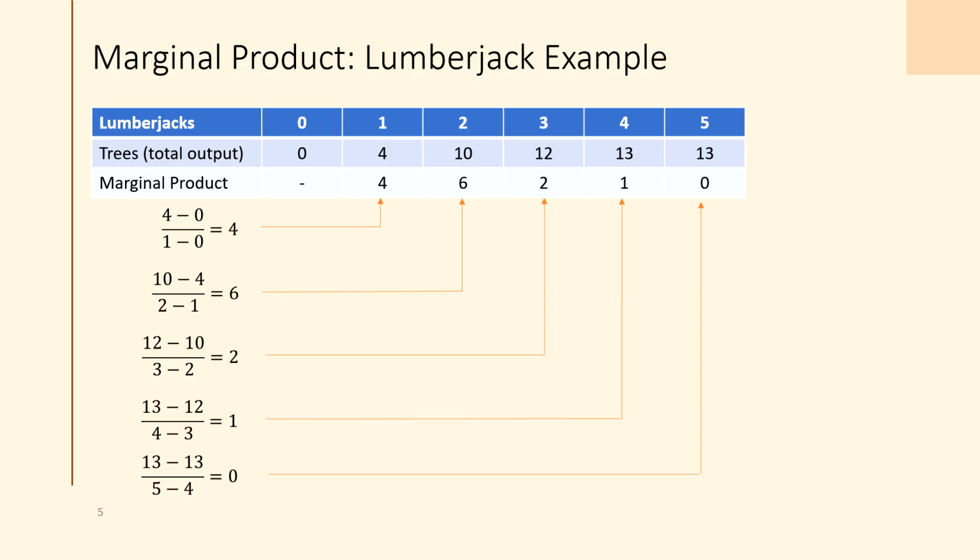From 2 to 3 workers, output increases from 10 to 12, so the marginal product is 2. From 3 to 4 workers, output increases from 12 to 13, so the marginal product is 1. Finally, from 4 to 5 workers, output does not increase, so the marginal product is 0.